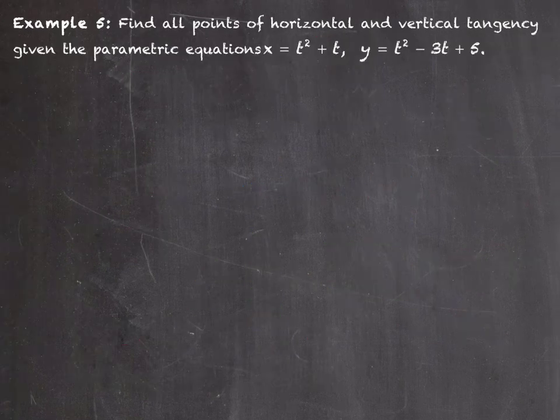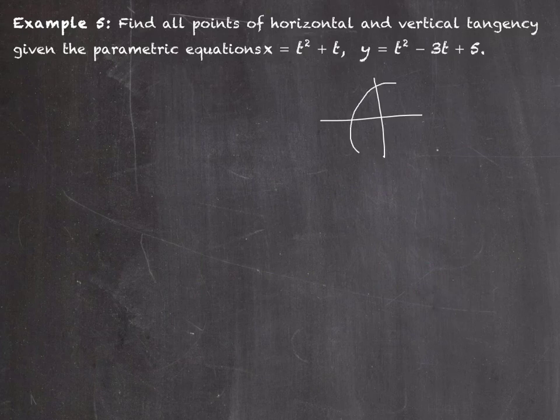All right, in this next example, we're going to find all the points on this parametric curve where there will be horizontal and vertical tangent lines. Just so we can understand this, let's say you have some curve that looks like this.